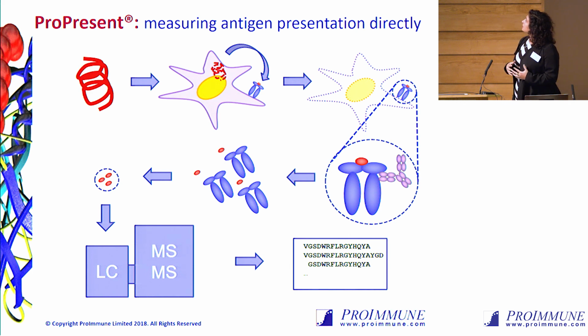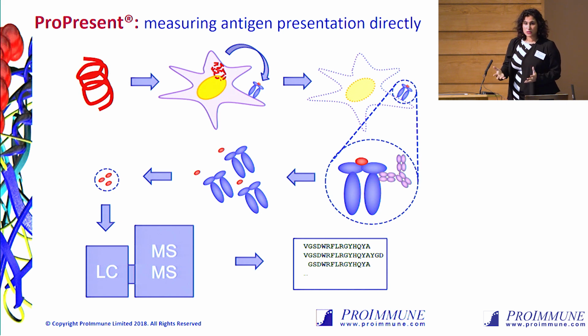So this recognition by the T cell receptor of this MHC plus peptide complex is absolutely necessary to trigger a subsequent immune response. And this is basically what we specialize in at ProImmune, the study of the binding between the peptide and the MHC.